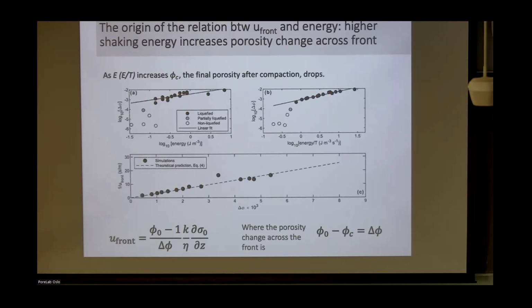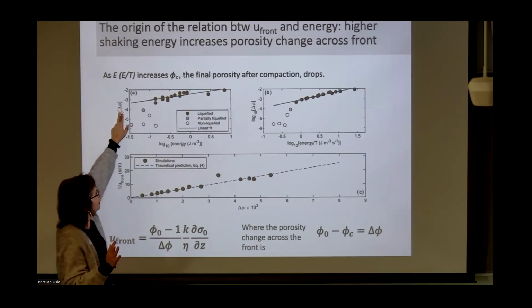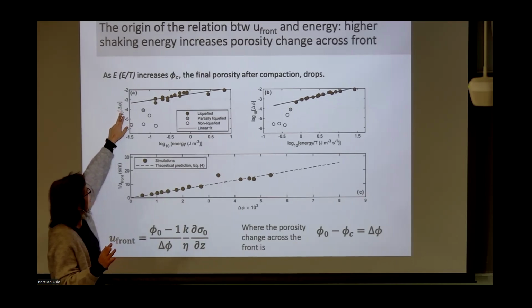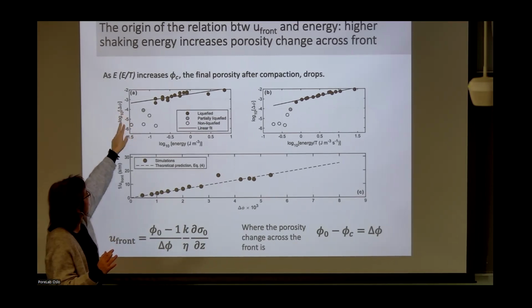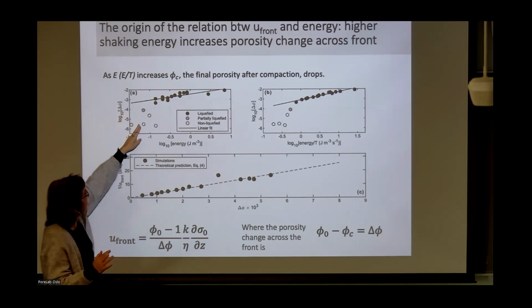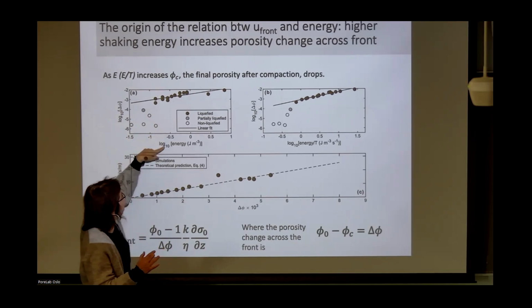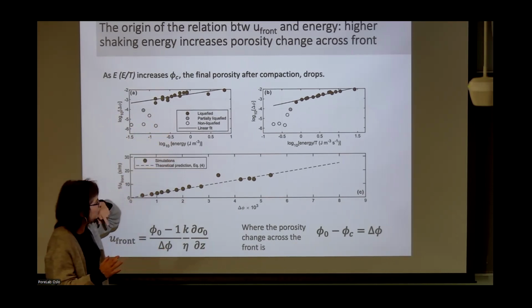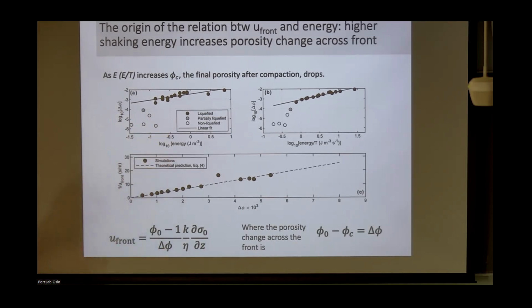This is how it looks. Phi0 is the same for all the simulations and the experiments we try, but the final porosity changes. That's why delta phi changes. And you can see that delta phi increases with energy. So basically this says that the more energy we put into the system, the more it compacts.